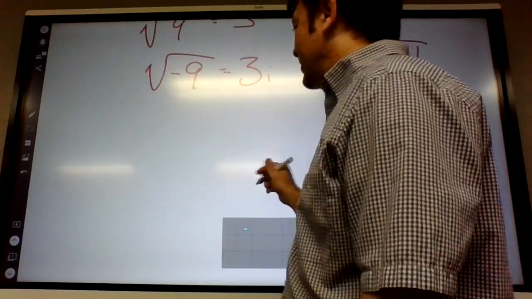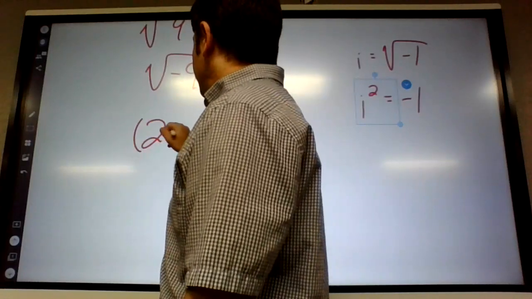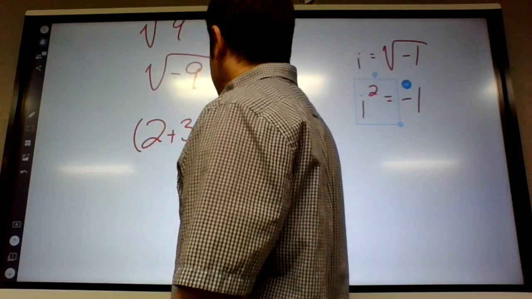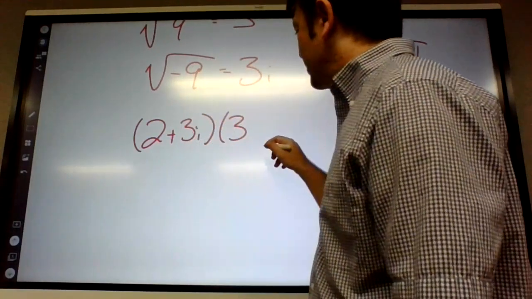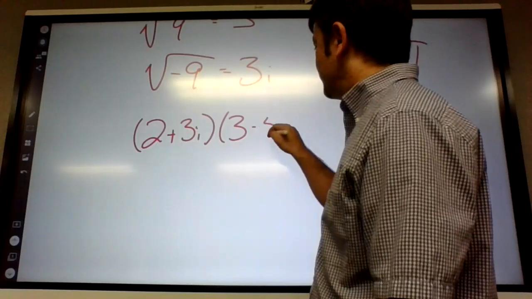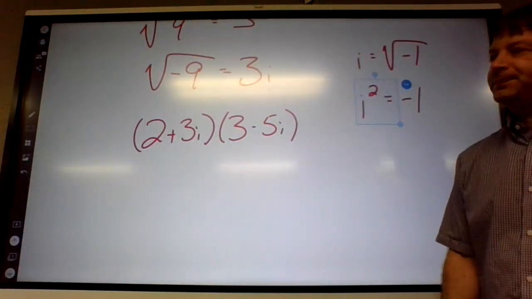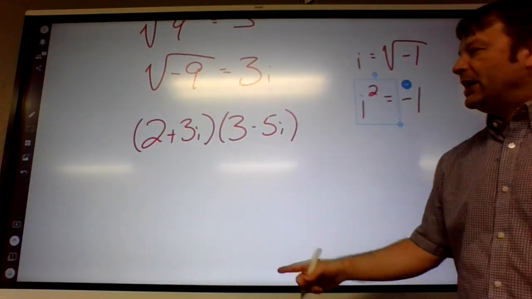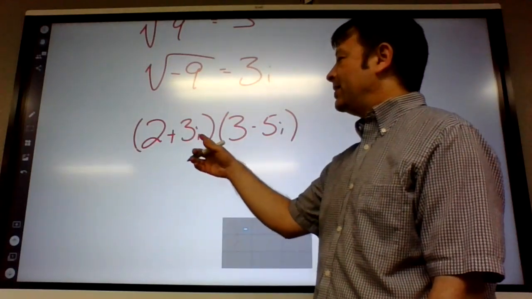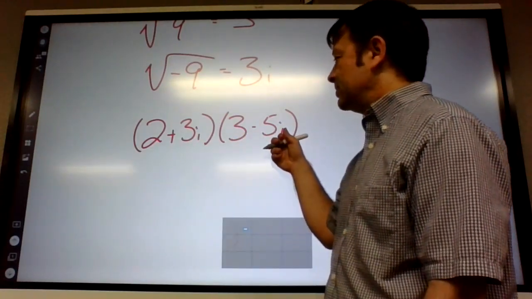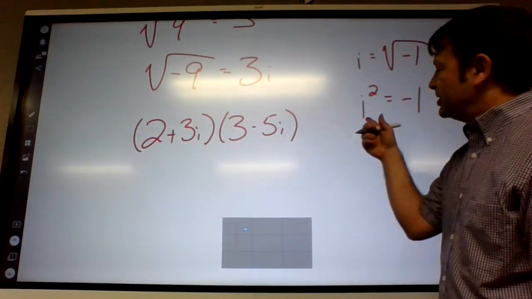So if I have, like, 2 plus 3i and, say, 3 minus 5i. Okay, how do you think I would do this problem? FOIL. And for the most part, you treat i like a variable, except for when you get i squared.